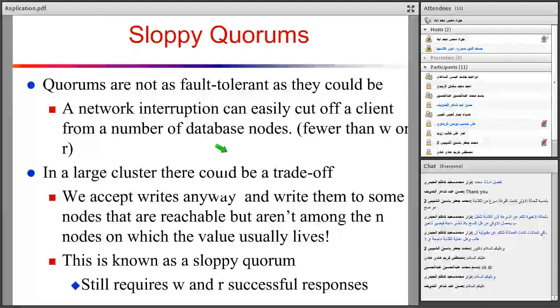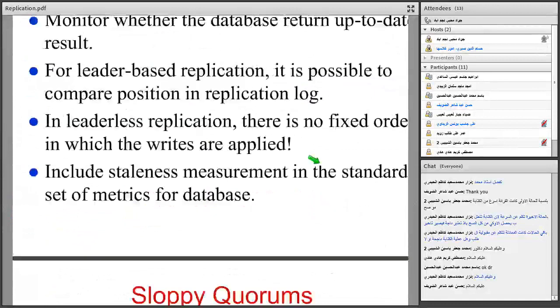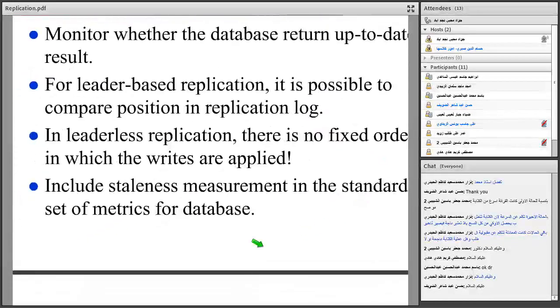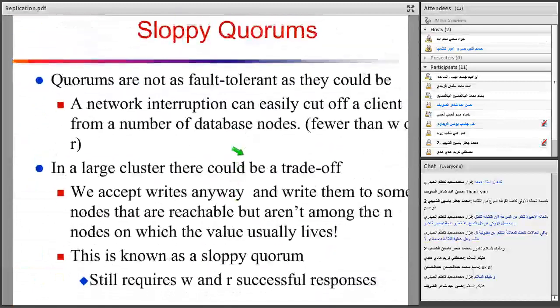Sloppy quorums. This is another concept. Before talking about the order and how to find the order of writes, I'm going to talk about sloppy quorums.